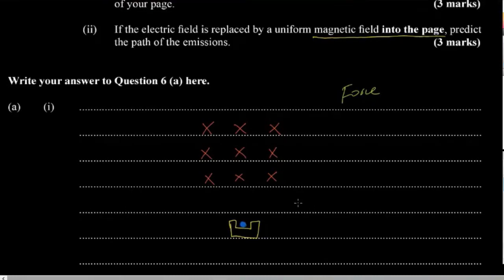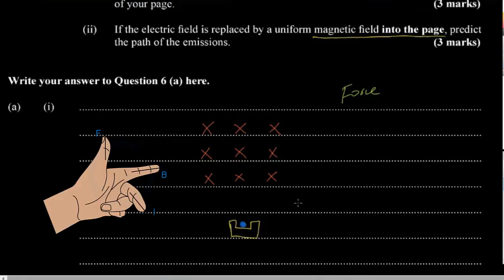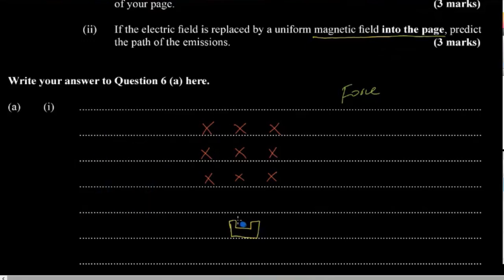The index finger indicates the direction of the field, and the middle finger indicates the current. And remember, it's conventional current. So that is why we're talking about the positive alpha particle, because conventional current is the movement of positive charges.